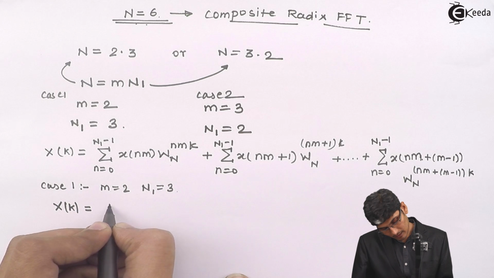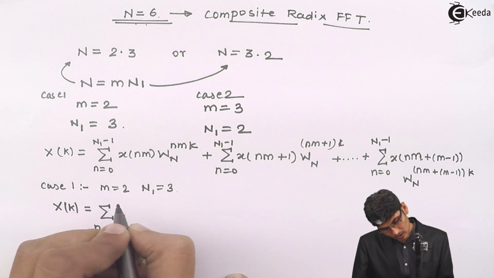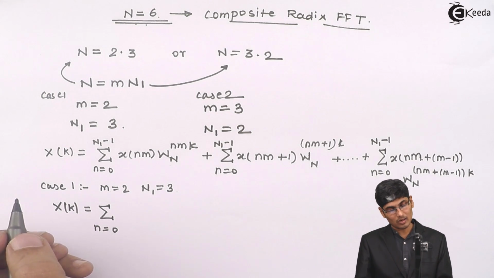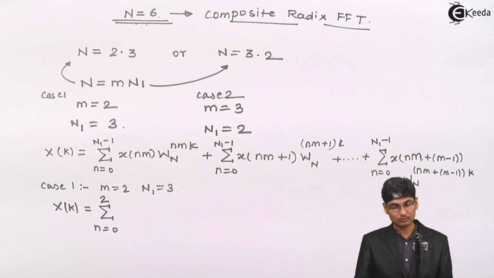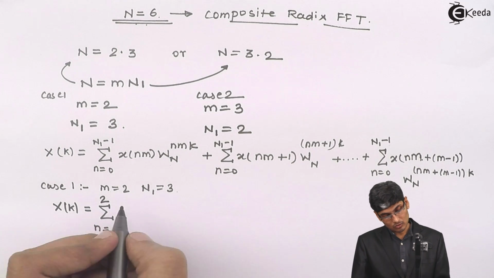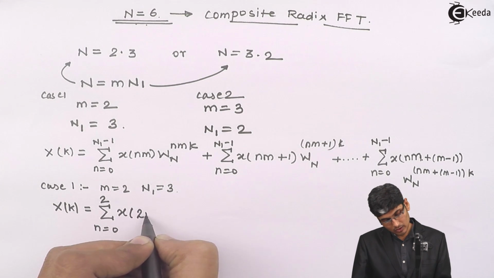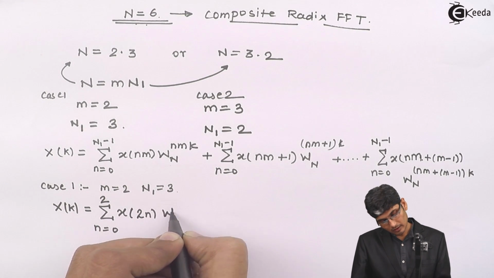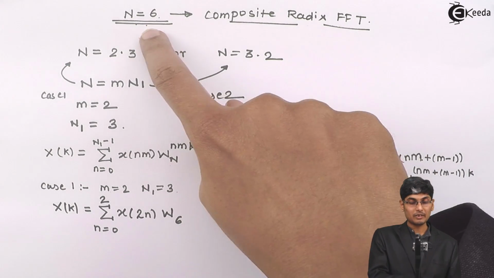So I will have summation n equal to 0 to N1 minus 1. N1 is 3, minus 1 is 2. Correct. So x of, now m is 2 again, so 2n, W. Here the capital N value is 6.